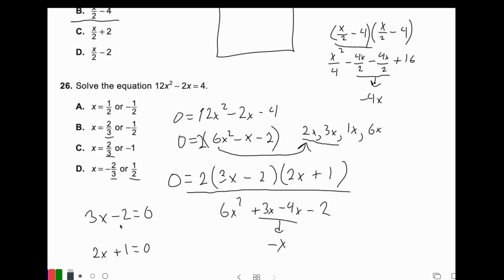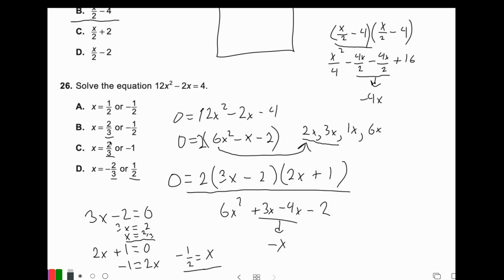On both of these, we're going to get the constant to the other side. So 3x equals 2, divide both sides by 3: x equals 2/3. In this case, we subtract it to the other side: -1 equals 2x. Divide by 2: -1/2 equals x. There's our answers: x equals 2/3 and x equals -1/2.